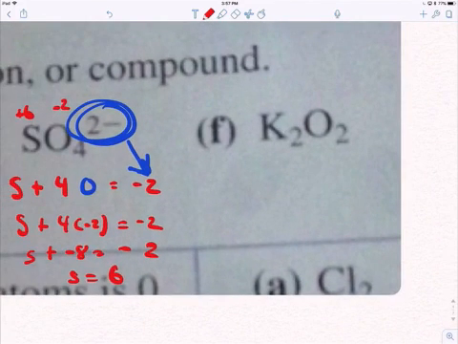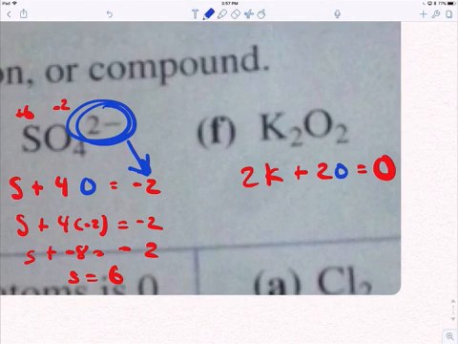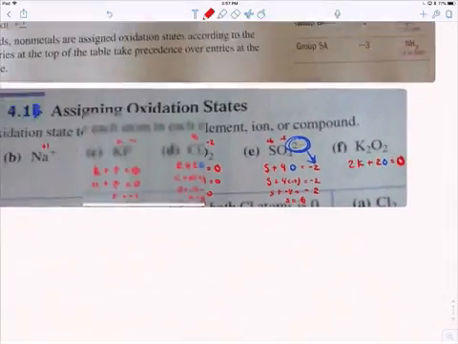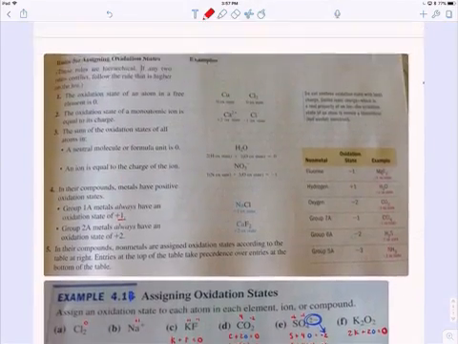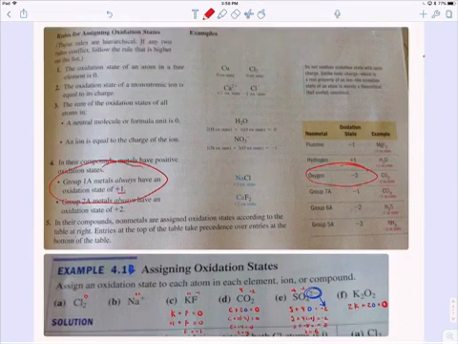All right, potassium oxide. So 2 times potassium plus 2 times oxygen equals 0. Let me put the new color for oxygen there. When I said the rules are hierarchical, 1 is more important than 2, 3, 4. So rule 4, alkali metals being +1, is more important than oxygen being -2.